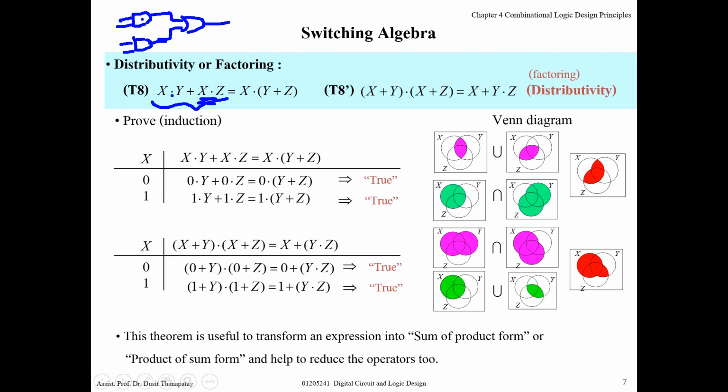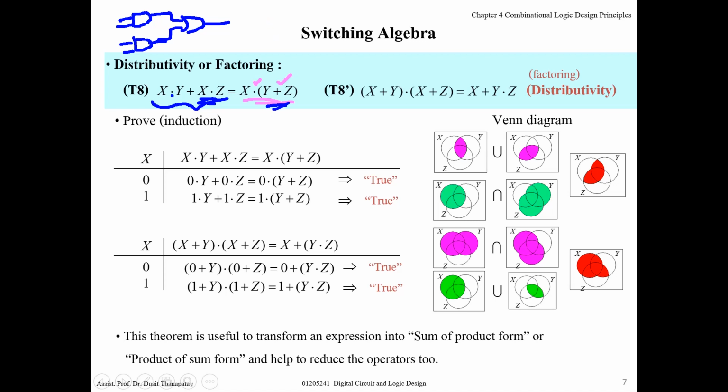Totally you use 2 AND gates and 1 OR gate. But if you use this expression, you use only one OR gate and one AND gate, so you can save the number of logic gates to implement the circuit.